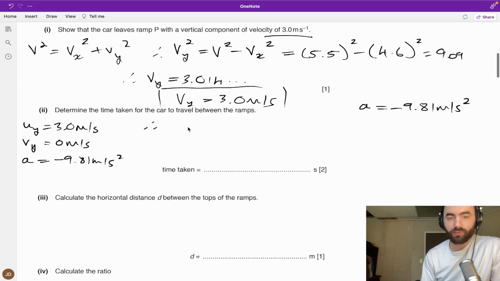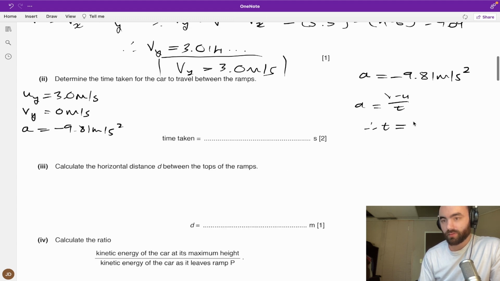So therefore, from acceleration equals change in v over t, and change in v is v minus u, rearranging for t, t will equal v minus u over a. So t will equal v final at the top, which is 0, minus 3, divided by minus 9.81.